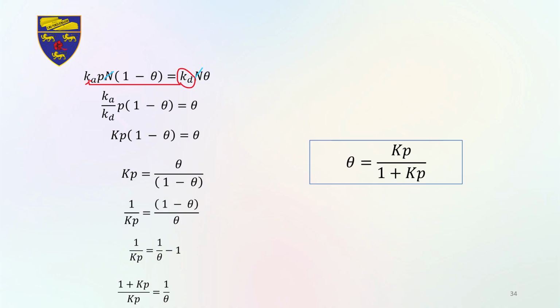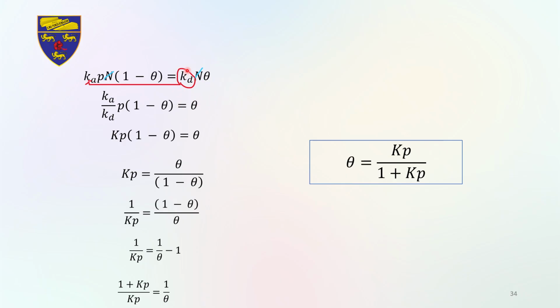This slide shows the step-by-step work to derive the Langmuir isotherm equation when we equate the rate of adsorption to the rate of desorption, meaning that the process has achieved equilibrium.